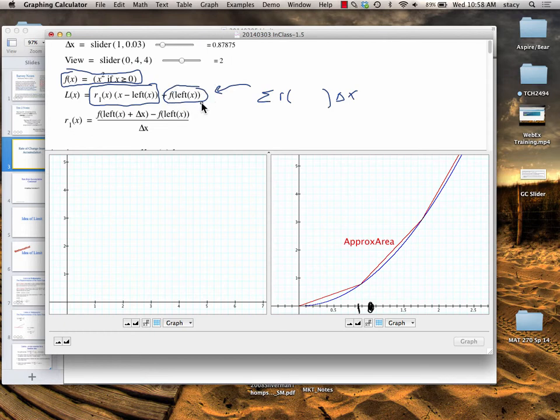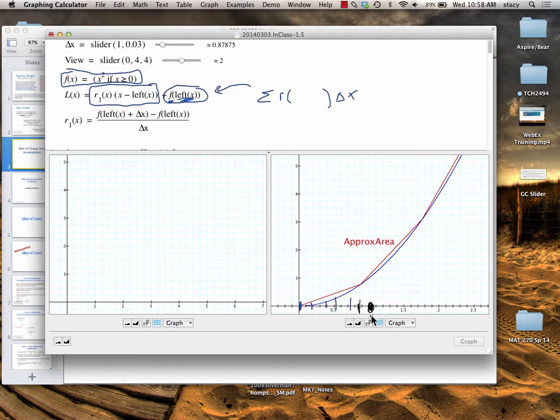I guess I just don't understand how that happened. Well, so f itself produces the accumulation up to the input value, right? And so when we say, tell me the accumulation up to left of x, we're saying I've partitioned, so let's say we started at 0, and I've partitioned my x-axis, right?